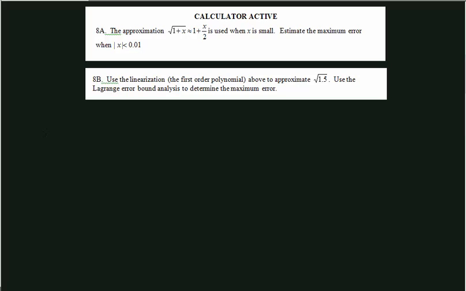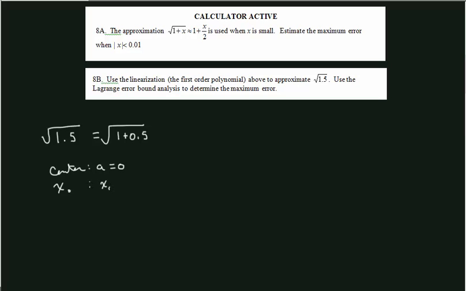So here's 8b. Use the linearization, the first order polynomial above, to approximate the square root of 1.5, or said differently, 1 plus 0.5. Important to note here, the center will say a equals 0, and x naught, that's what makes this a little bit different.